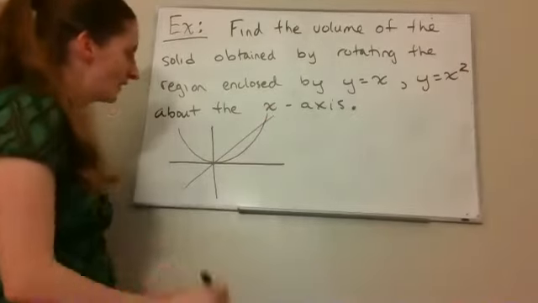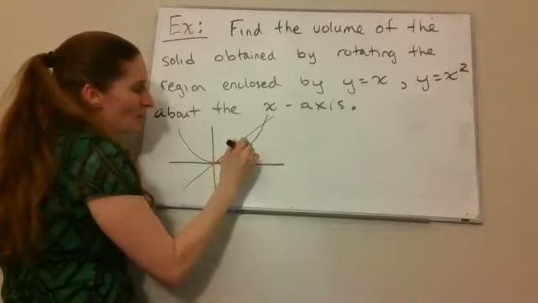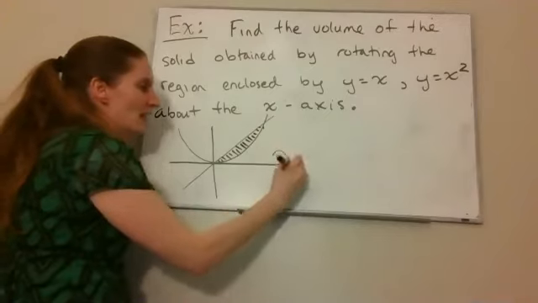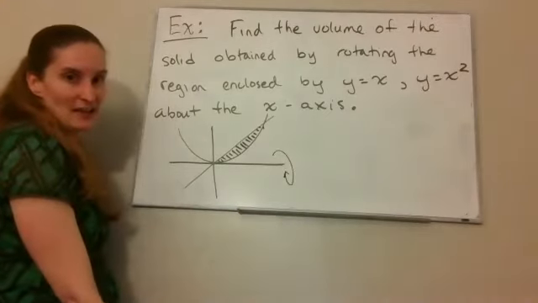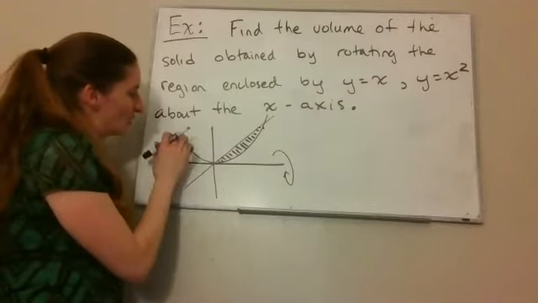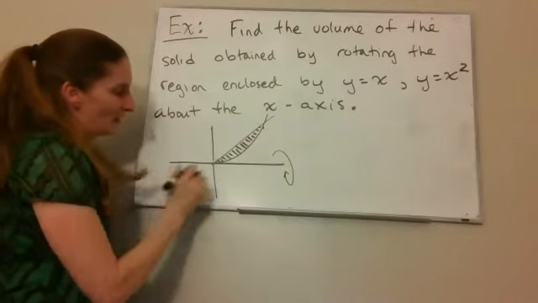So when I graph these, the region that we're rotating is this sort of banana-shaped object, and we're rotating that about the x-axis. So what kind of solid object do I get when I rotate this around the x-axis?